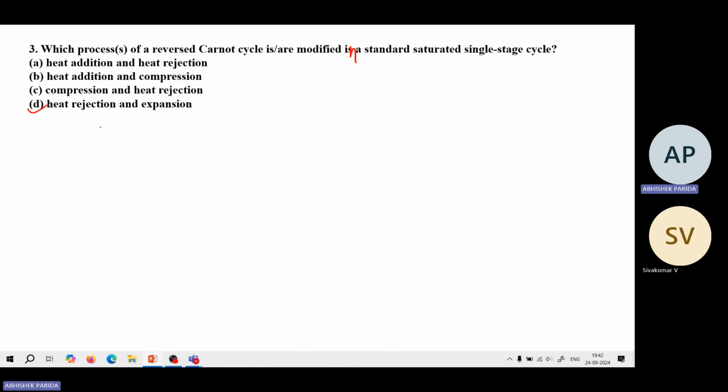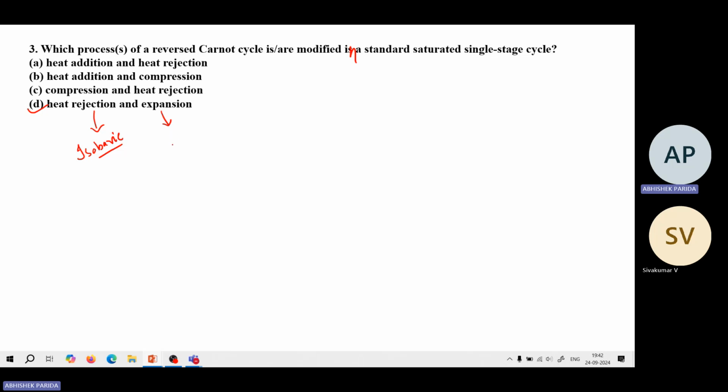In the case of VCRS, heat rejection generally takes place at isobaric condition. So that is one of the modifications that we do. And the second modification is expansion.